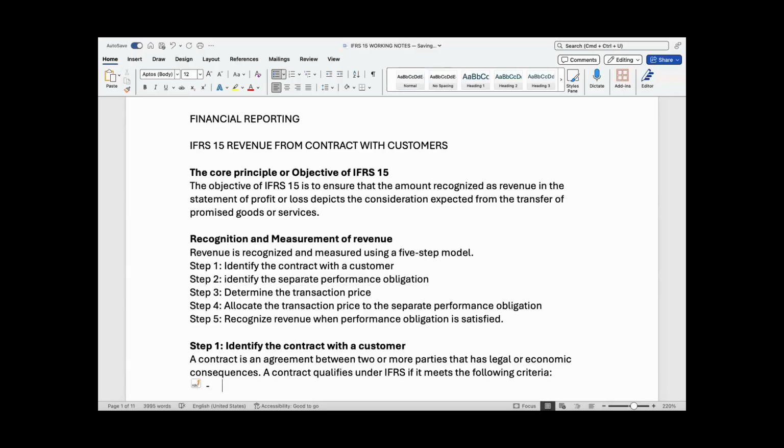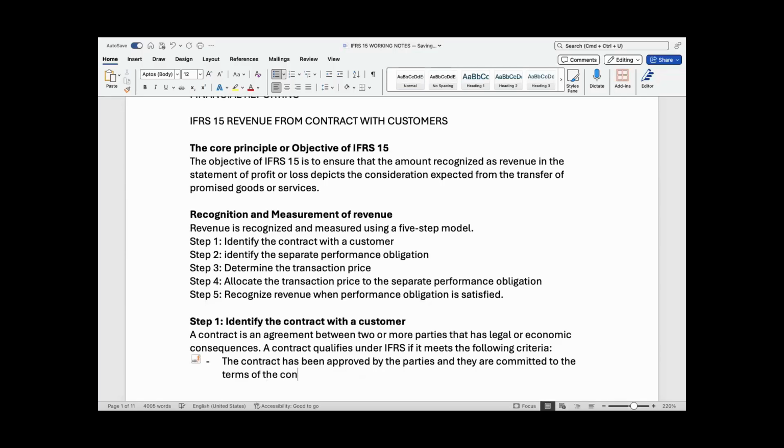Number 1, the contract has been approved by the parties and they are committed to the terms of the contract.